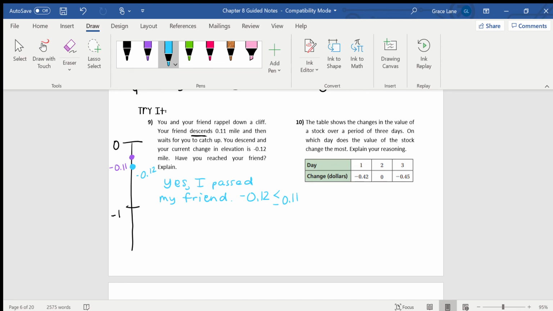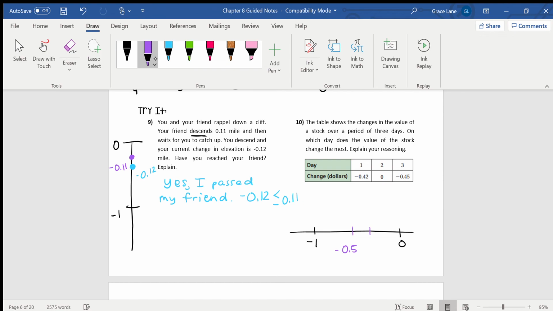The last one, the table shows the changes in the value of a stock over a period of 3 days. On which day does the value of the stock change the most? So this is like example number 4 that you guys did earlier. We make a number line real quick. Here is negative 1.